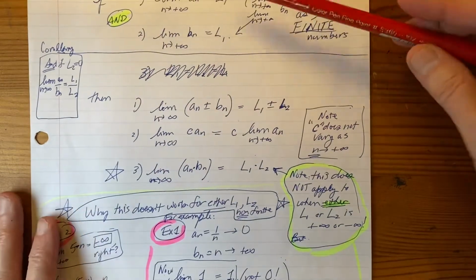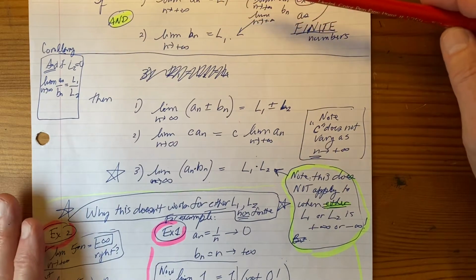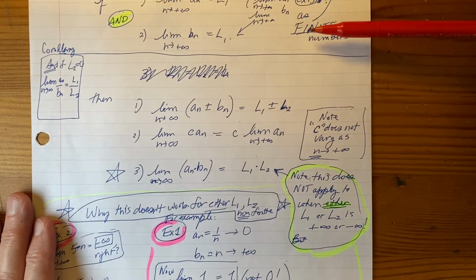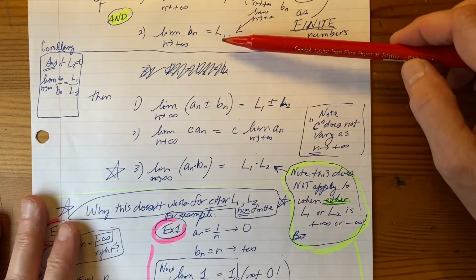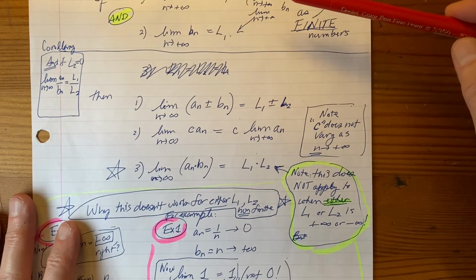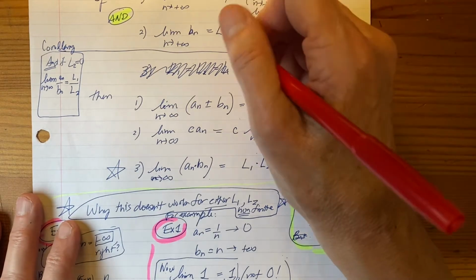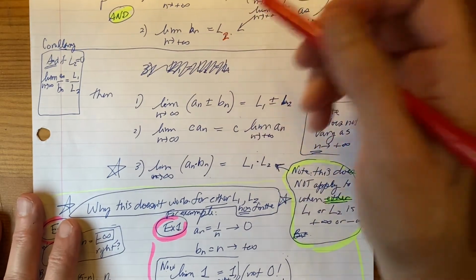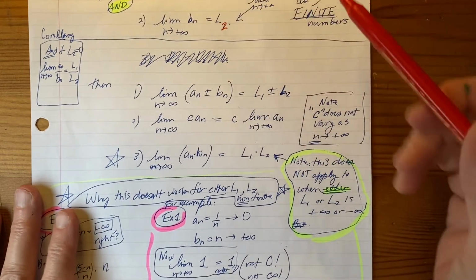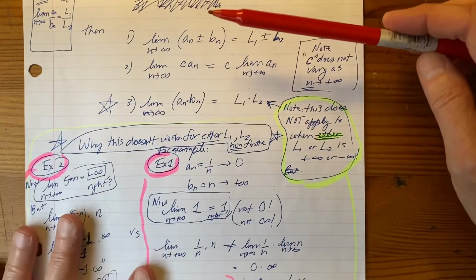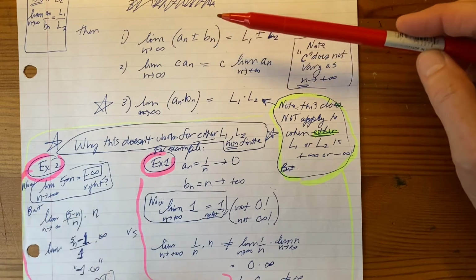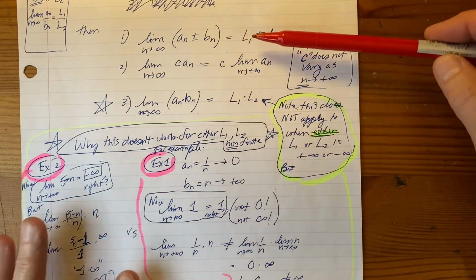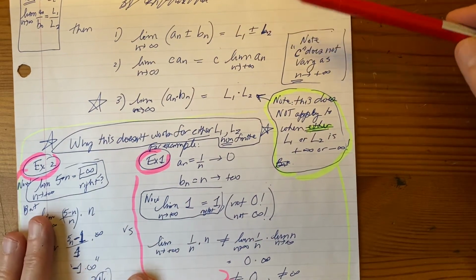If the limit of a sub n is equal to some finite real number, and the limit of b sub n, another sequence, is some other finite number, then theorem 9.2 says the limit of the sum or difference of those two sequences is equal to the sum or difference of their limits.